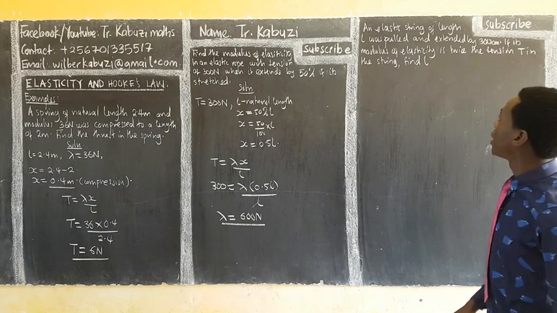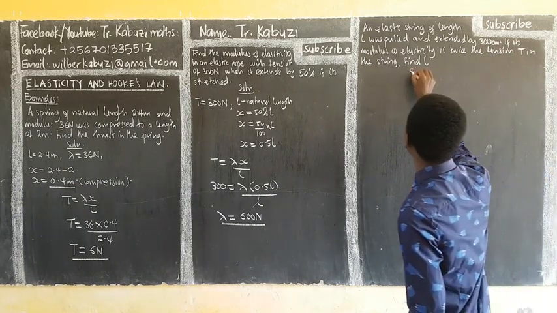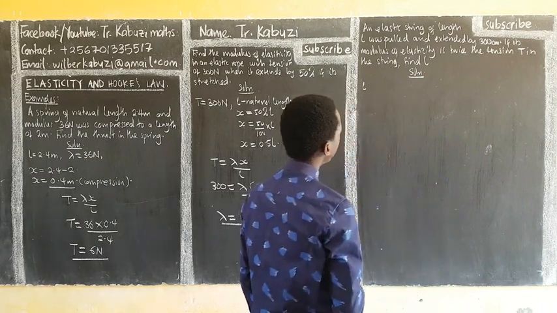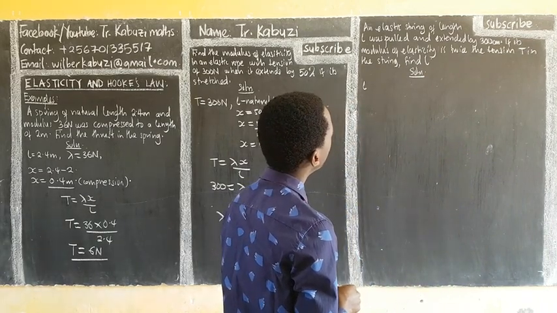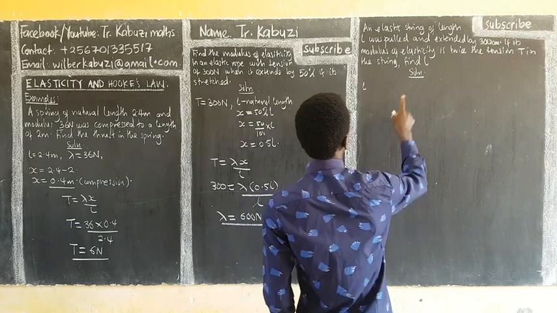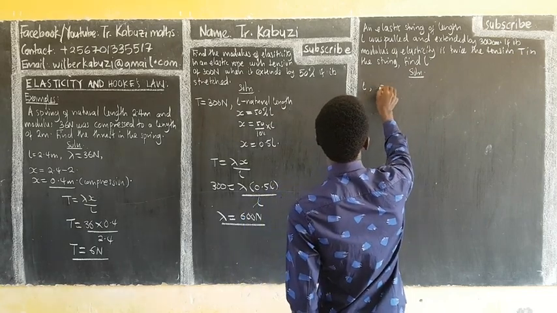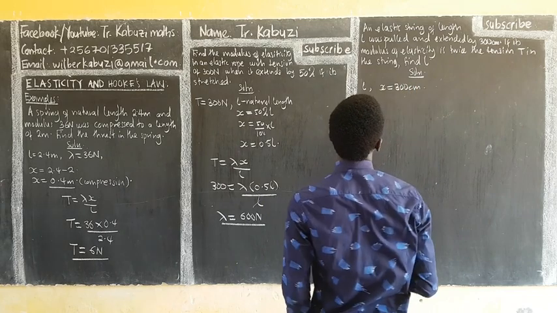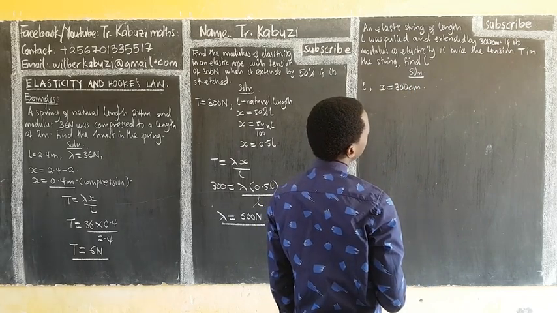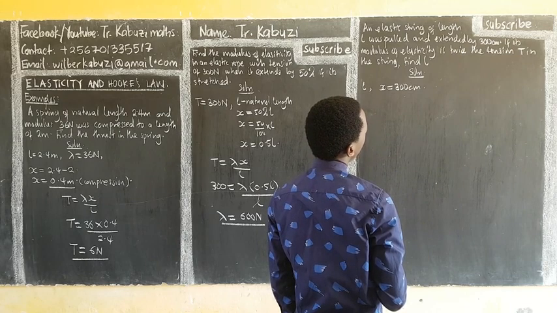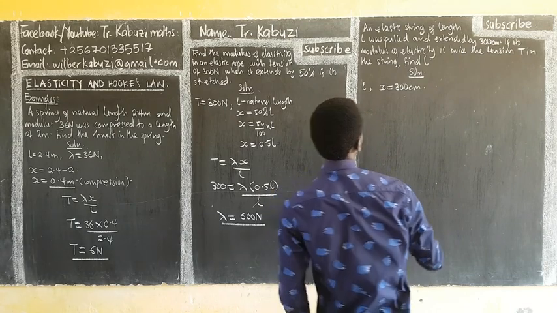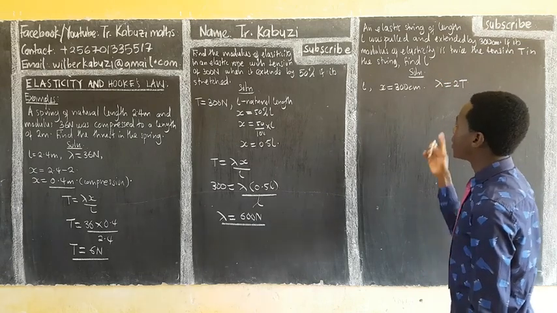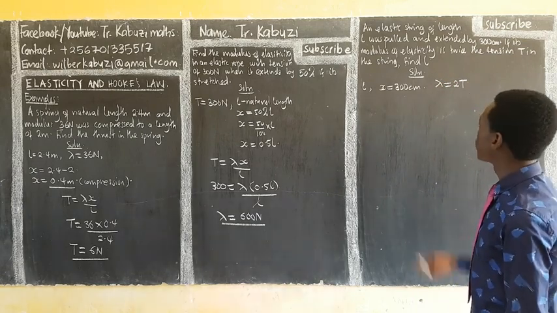An elastic string of length L was pulled and extended by 300 centimeters. If its modulus of elasticity is twice the tension in the spring, find L. So they are giving us that the modulus of elasticity is twice the tension. What does this tell you? We saw this at the start.